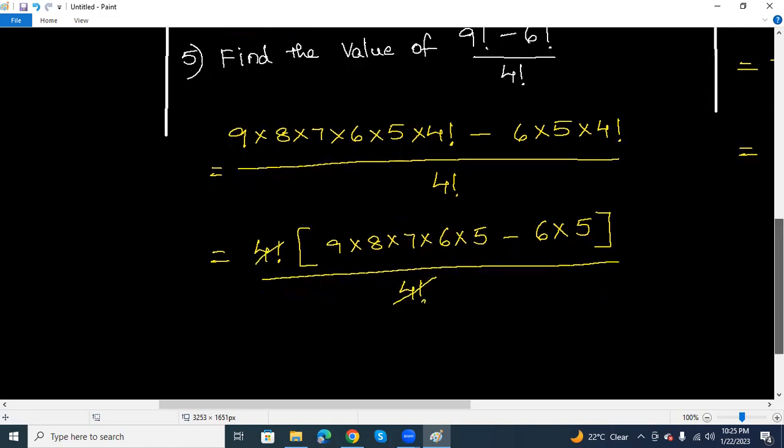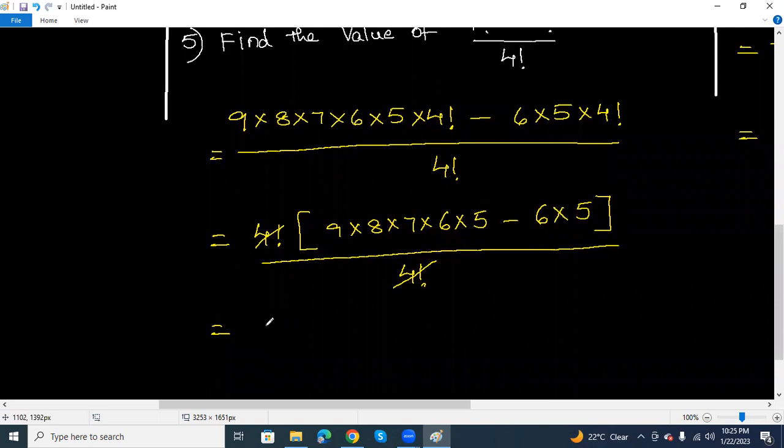What do we get if we multiply? 6 5s are 30, 3 7s are 210, 210 8s are 15,120, minus 6 5s are 30. If we subtract, we get 15,090 as the answer. So this is how factorial questions we can solve with one simple formula, the n factorial formula.